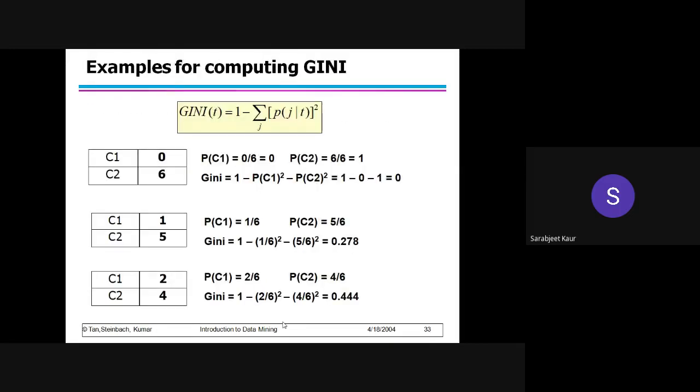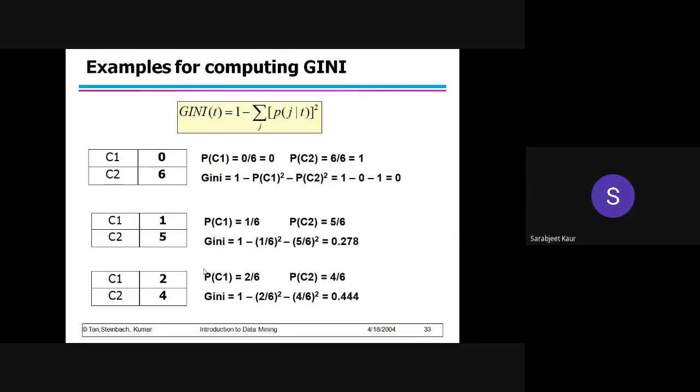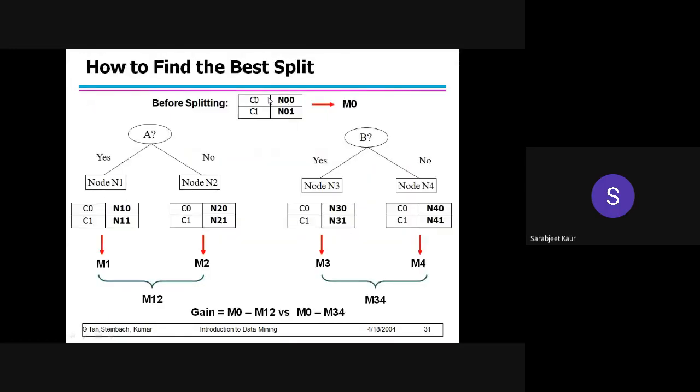Any problem, students? No, ma'am. Okay. So this is how to compute the Gini of an individual node, such as a parent node individually or a child node individually. In other words, how to compute M0 or M1, M2, M3 or M4.